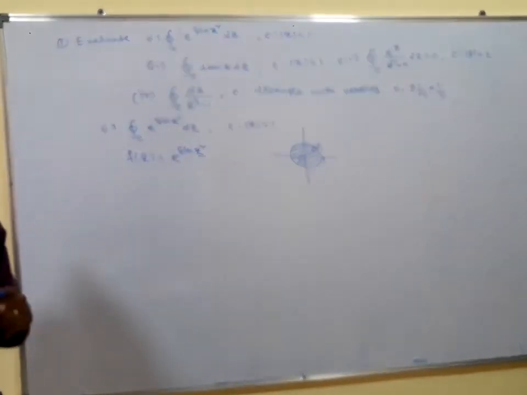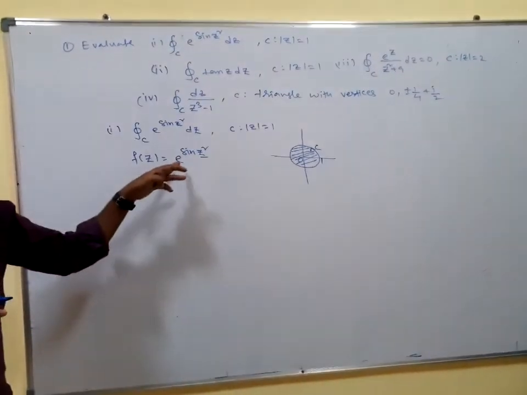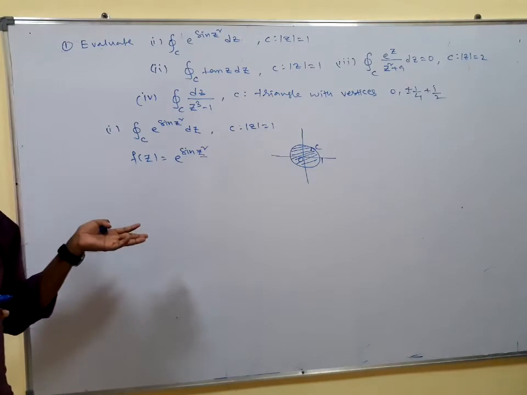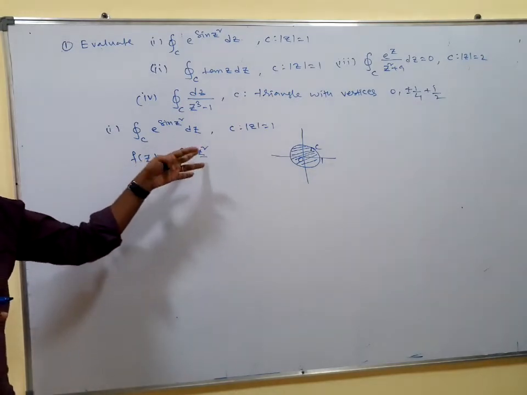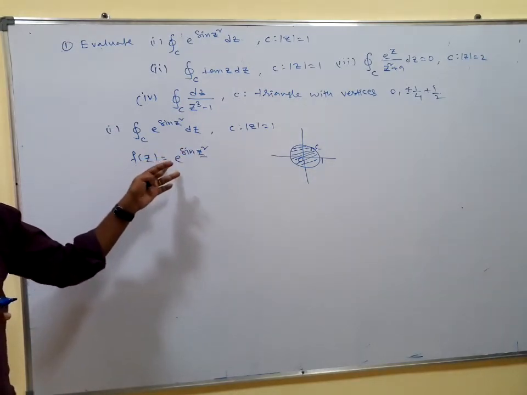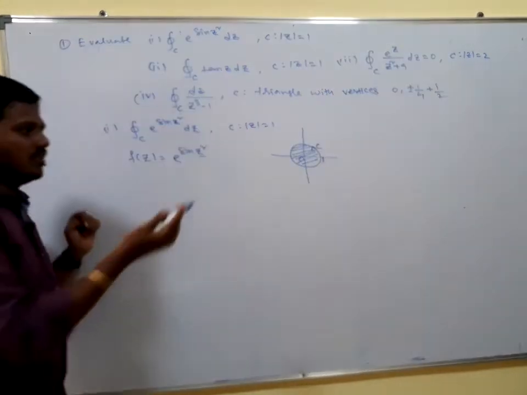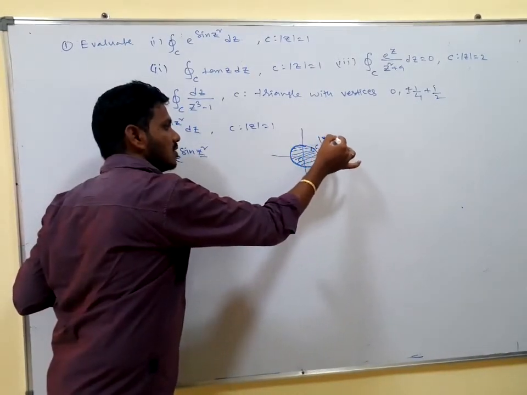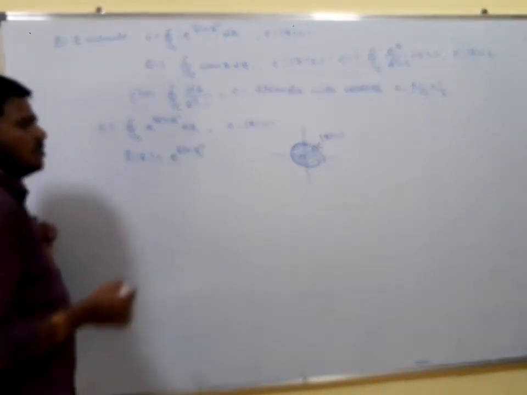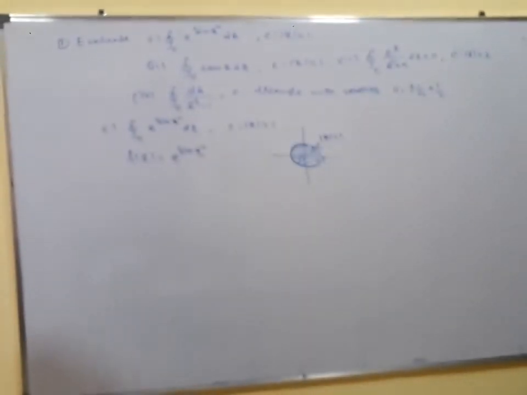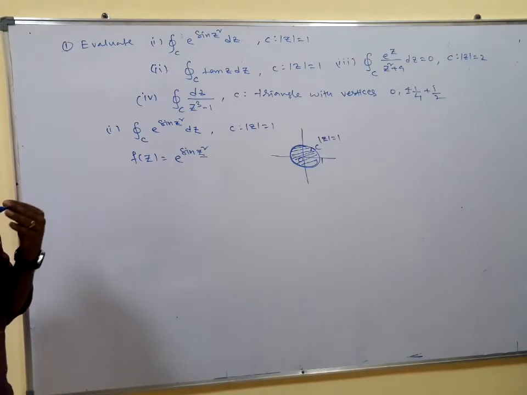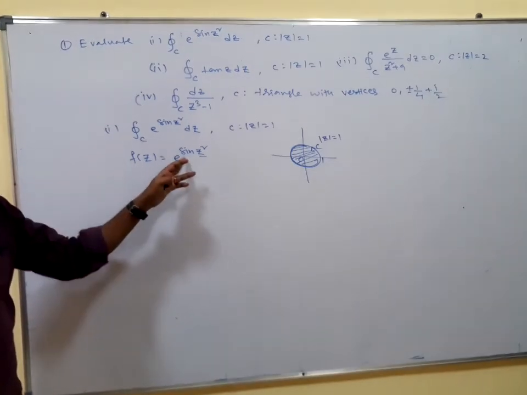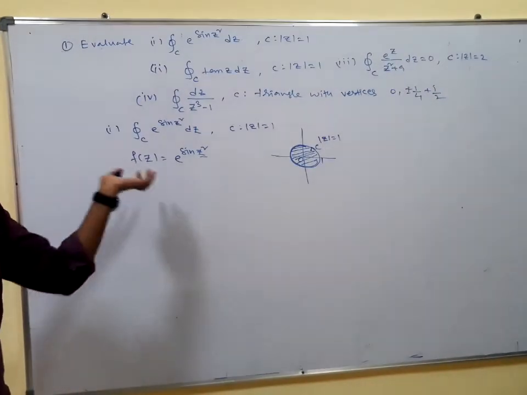Sin z square is also analytic everywhere. Yes, the exponential is analytic everywhere. Right? So f of z is analytic everywhere, but we should concentrate on inside the circle mod z equals 1. The exponential function e to the power of sin z square is continuous and analytic everywhere. By using the Cauchy-Goursat theorem, we can write the integral is 0.